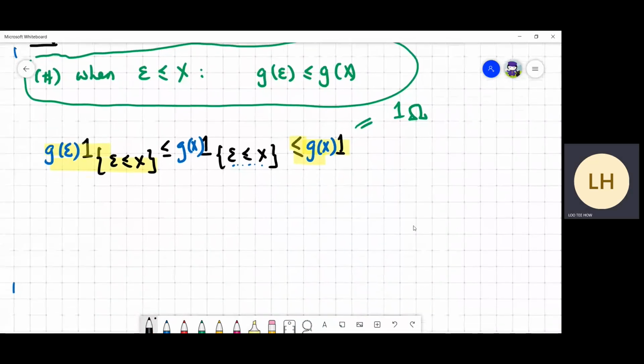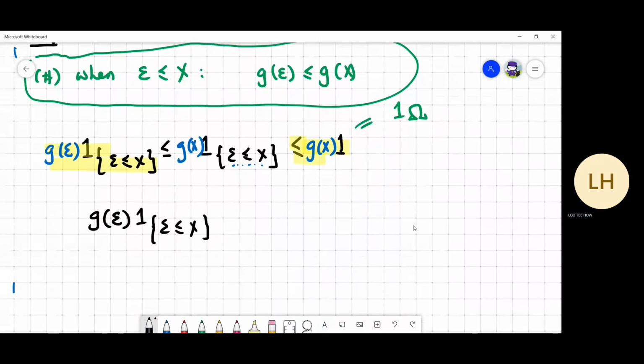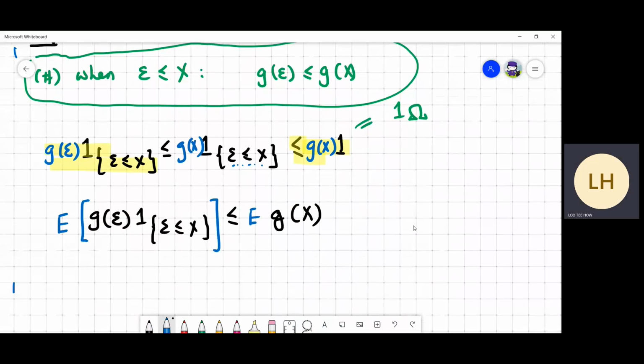Then we have G of epsilon multiplying the indicator function of the event X greater or equal to epsilon, which is less or equal to G of X. Next, we use the same process. We take the expectation value of both terms, so this must be less than this.